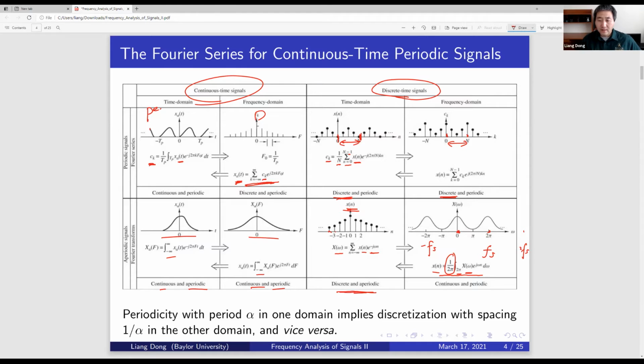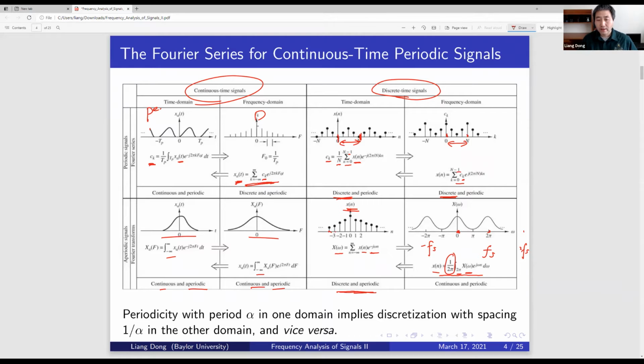Similarly, if I have C sub k in the frequency domain, we can multiply by this core, which is harmonics, e to the power positive j 2 pi kn over capital N. Then we sum this over one window, k from 0 to N minus 1. In this case, I don't have the constant N to divide here. You can either put 1 over N in the forward equation or in the reverse equation.